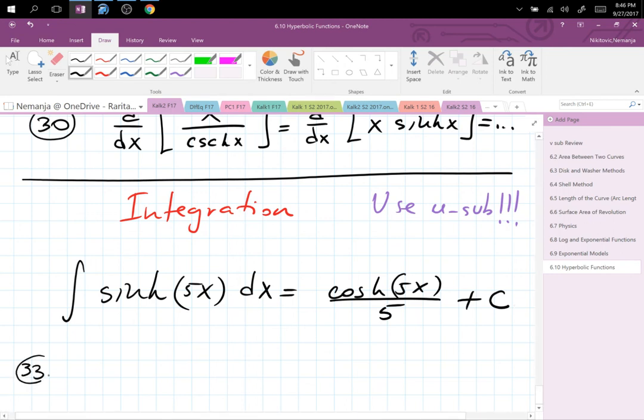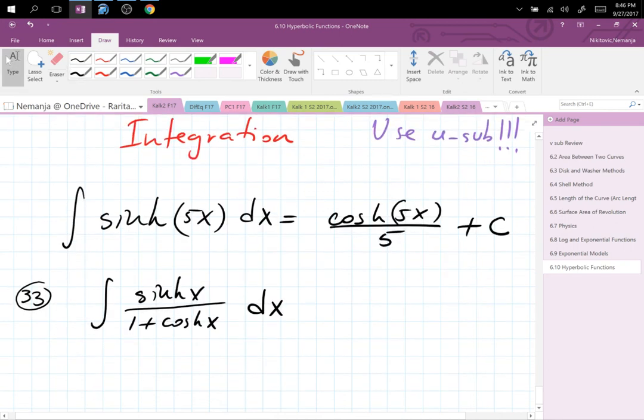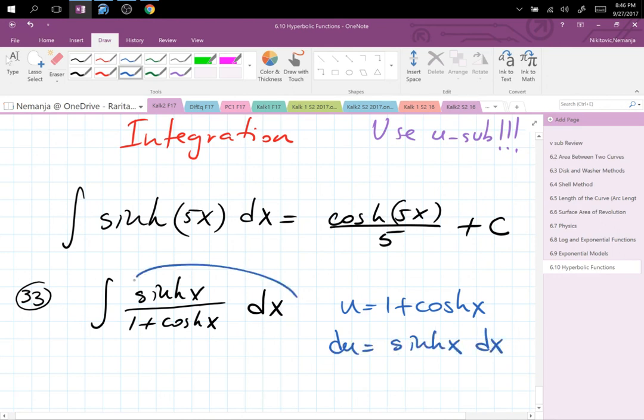This is the textbook example. Integral sine hyperbolic x over 1 plus cosine hyperbolic x dx. U equals 1 plus cosine hyperbolic x. du is sine hyperbolic x dx. It's exactly what you have here.